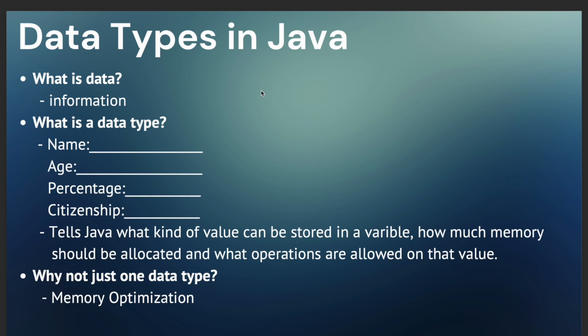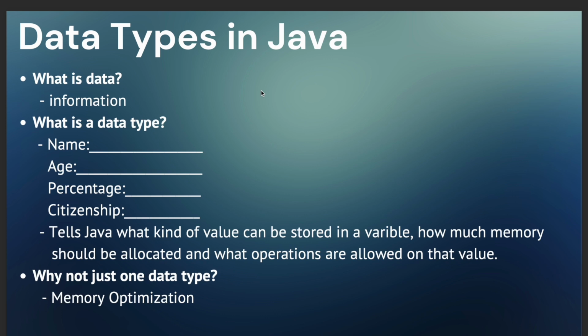Before understanding data types, let's quickly define data. Data simply means information. Every single program we write works with information. Think about the apps you use every day. WhatsApp stores text messages, Amazon stores product prices, Google Maps stores geographic coordinates, Netflix stores movie titles, college management system stores student records.